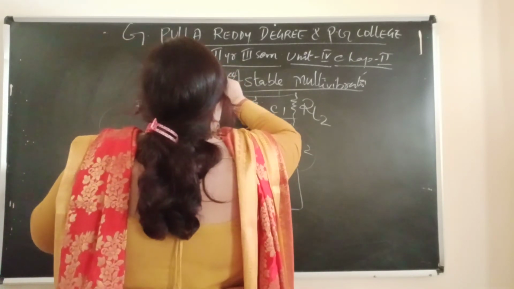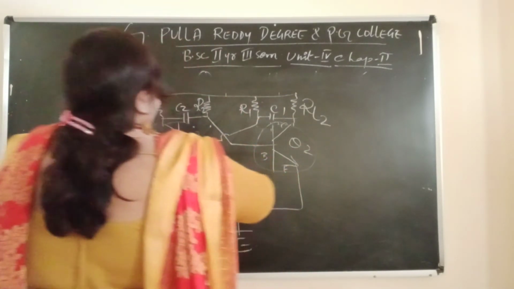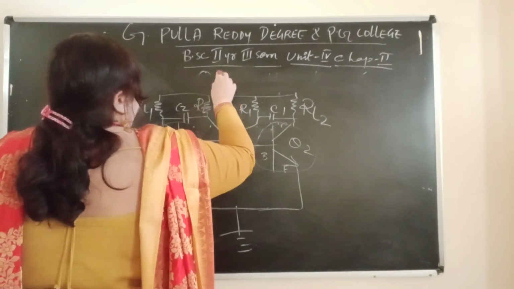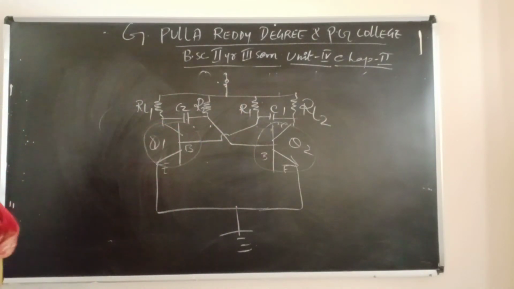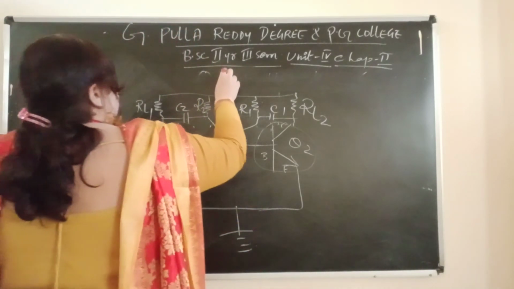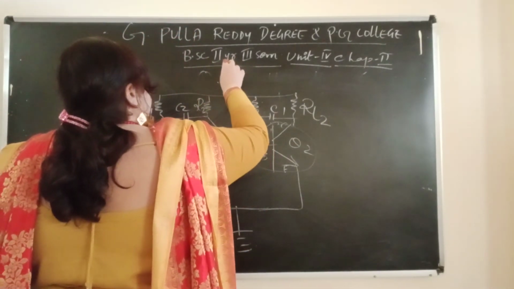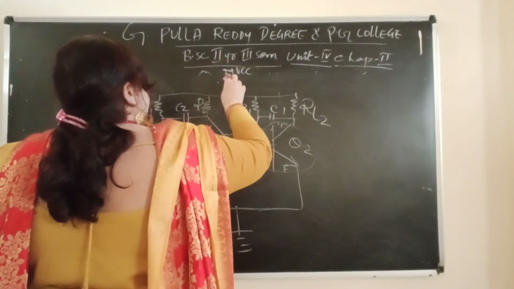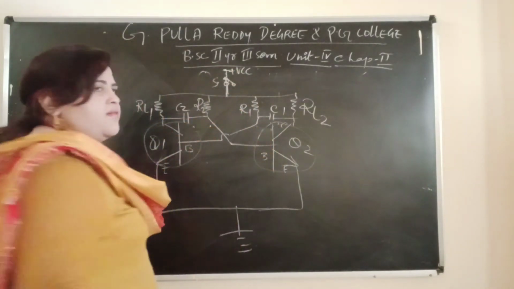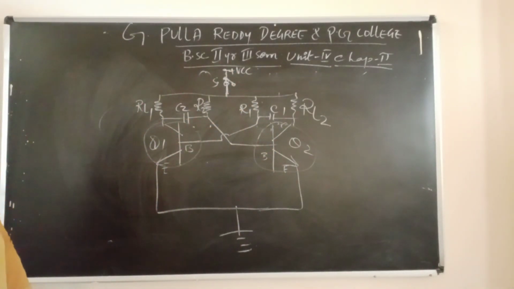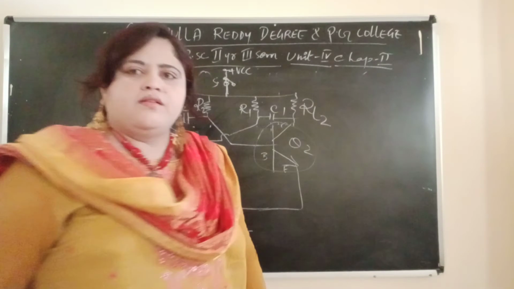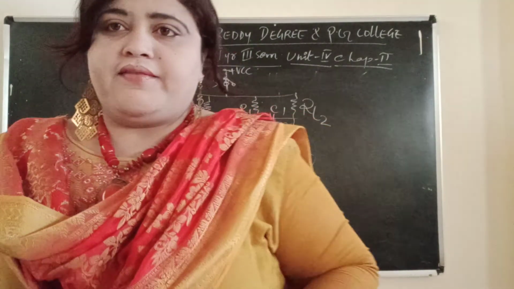You have to draw here. You can draw one switch here. Then this is your circuit diagram of an astable multivibrator.